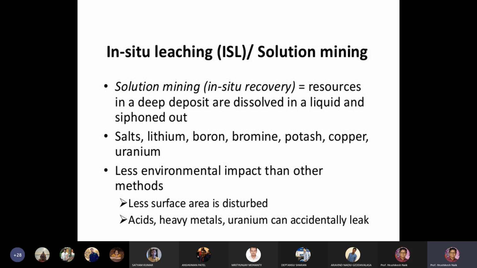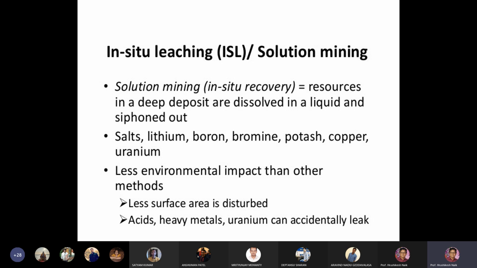And with this method, you don't have to disturb a very large surface area like in surface mining. Very little surface area is disturbed. This is the advantage of solution mining.